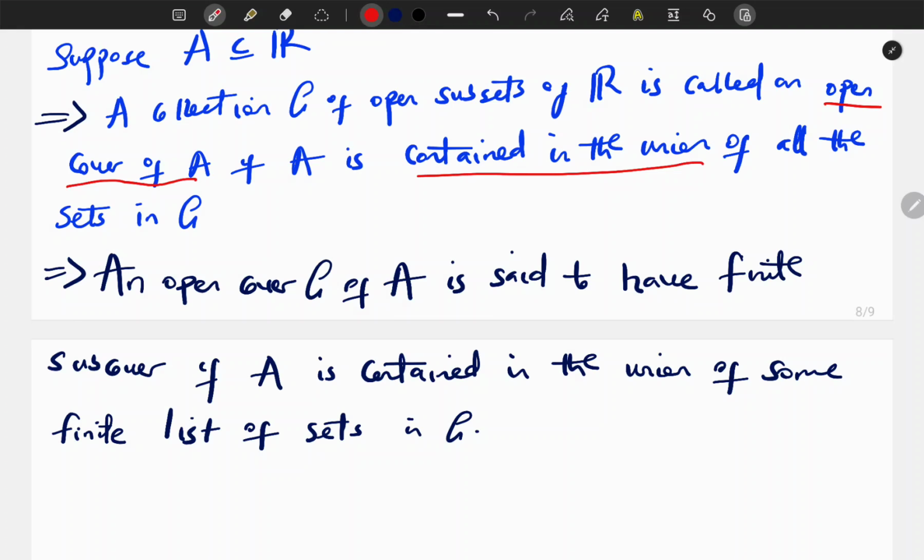In other words, we say an open cover is said to have a finite subcover if we can just cover our set A with a finite list of sets in the fancy C. Otherwise, the open cover does not have a finite subcover.